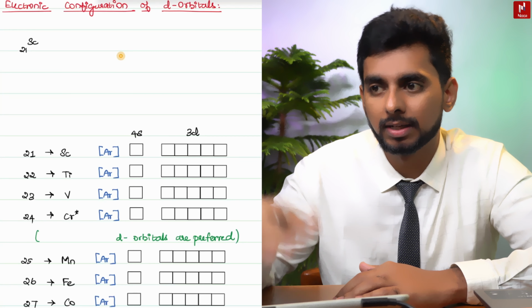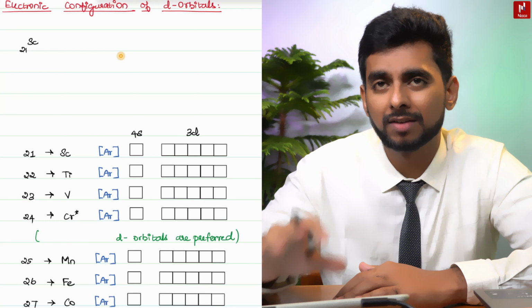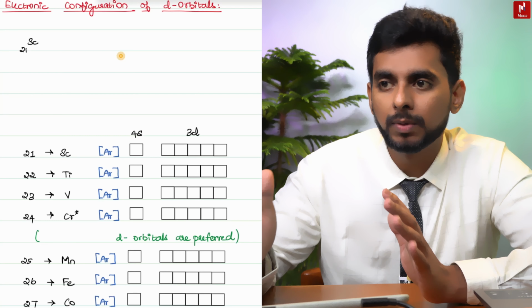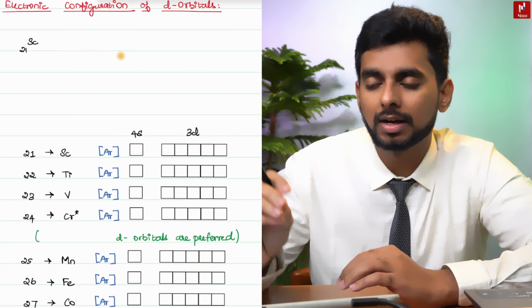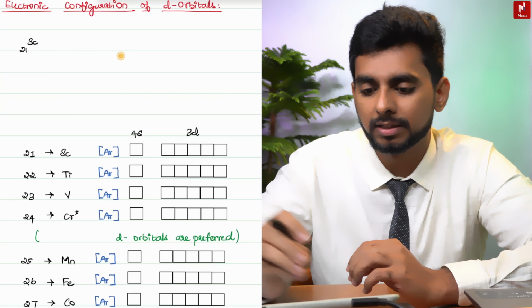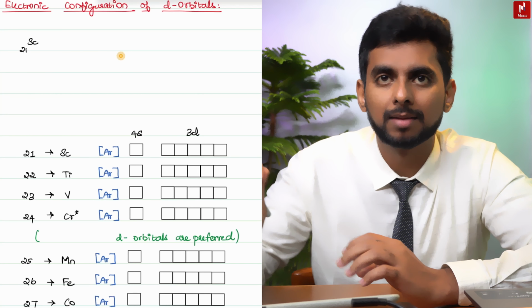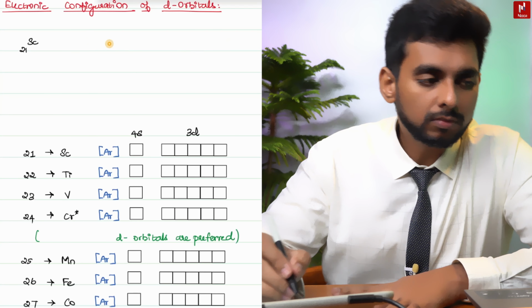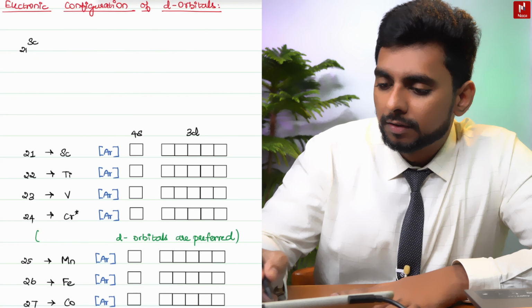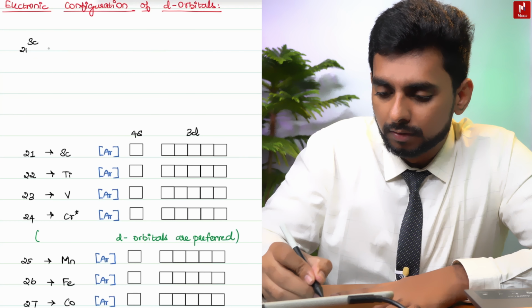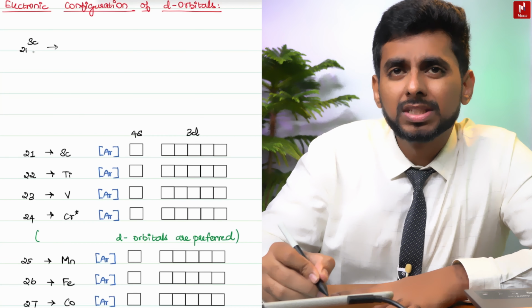Everything will be learned in the next chapter. As of now I have just taken the elements between 21 and 30. I'll draw the electronic configuration for these 10 elements, right? Between 21 and 30, first you have scandium.